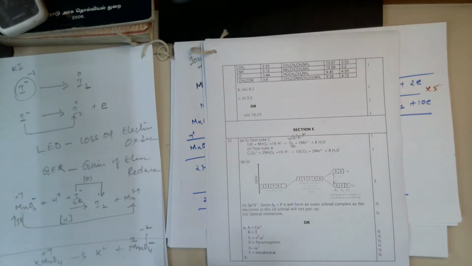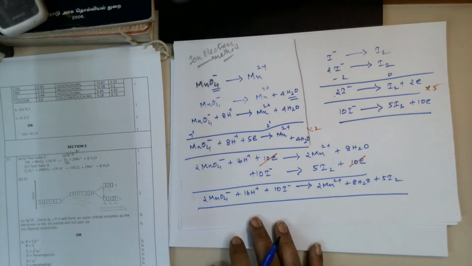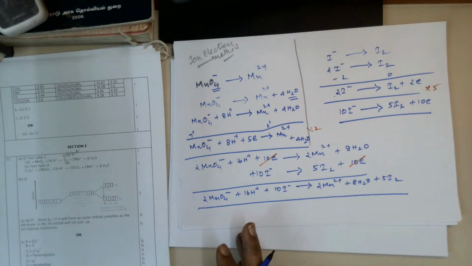So chemistry is a logical one. You should know the logic and the numerical aptitude behind it. All these things should be studied. You cannot do all these things in your examination, but by just looking at this, you should be able to arrive at the final equation also. You can do it very quickly.